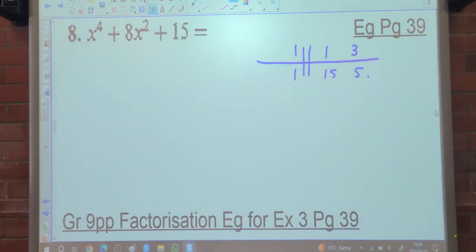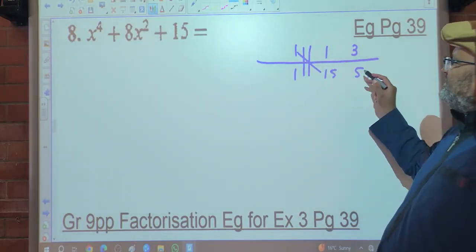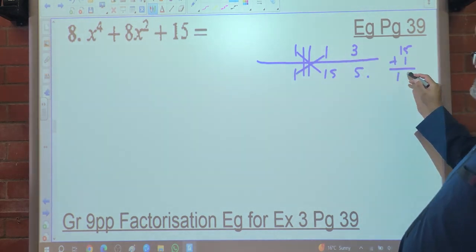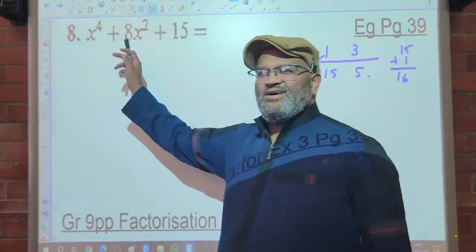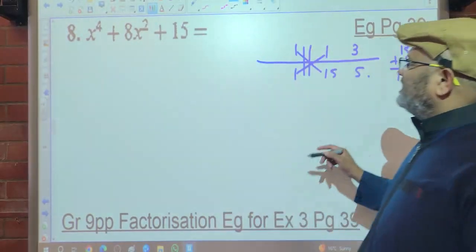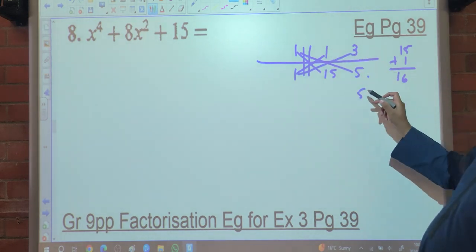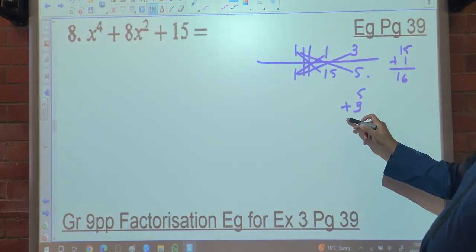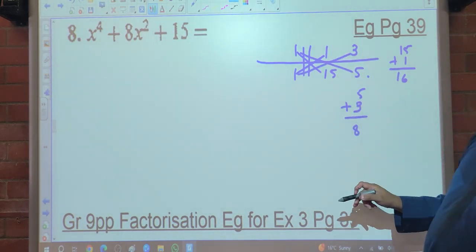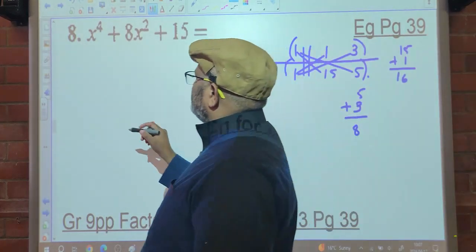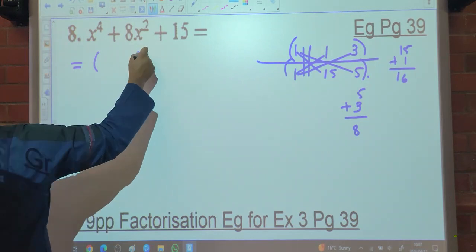Alright. Do we add or subtract our products? Add. 1 times 15 is 15. 1 times 1 is 1. You add it, you get 16. What am I looking for? 8. 1 times 5 is 5. 1 times 3 is 3. You add it, you get 8. That's what I want. In the bracket goes a 1 and a 3, a 1 and a 5.